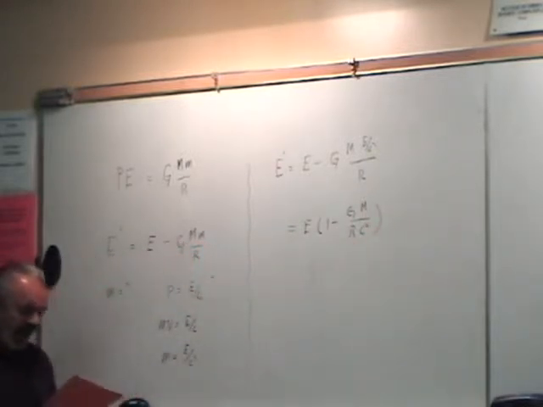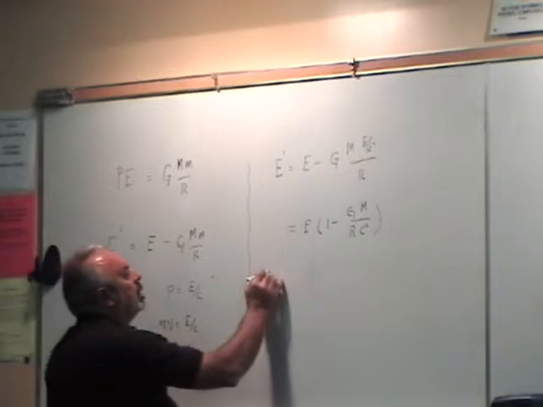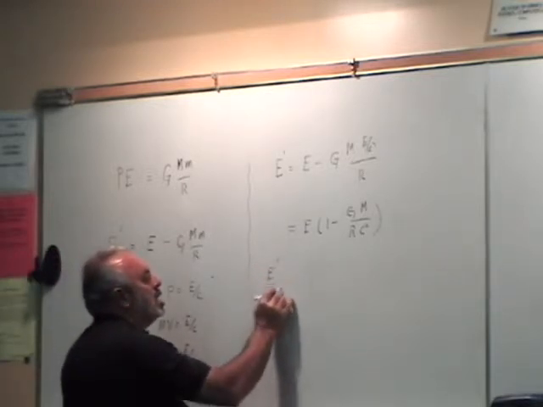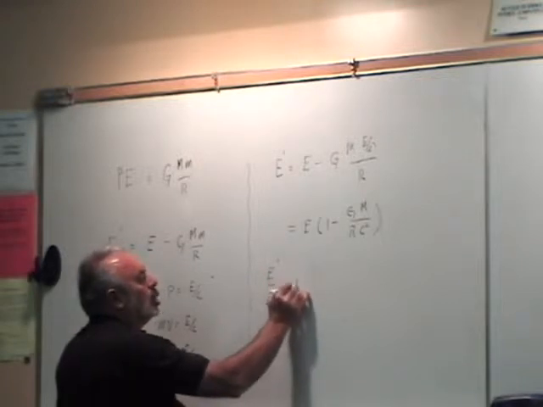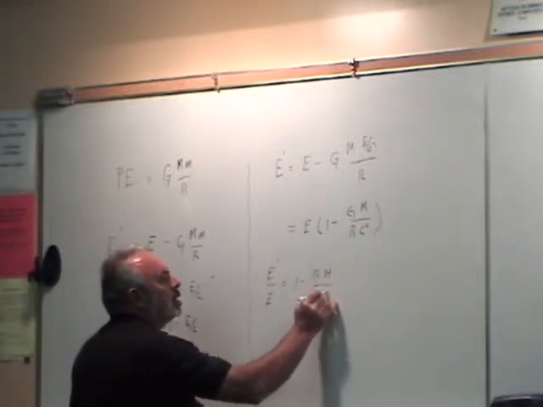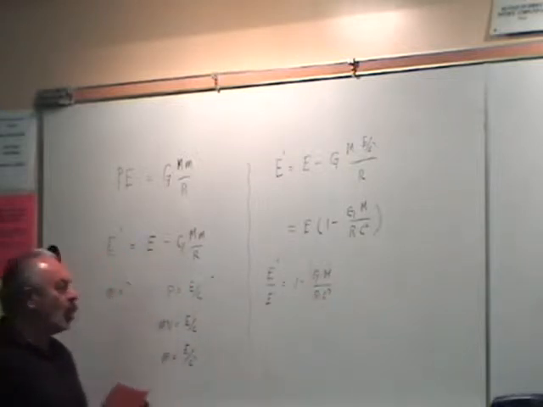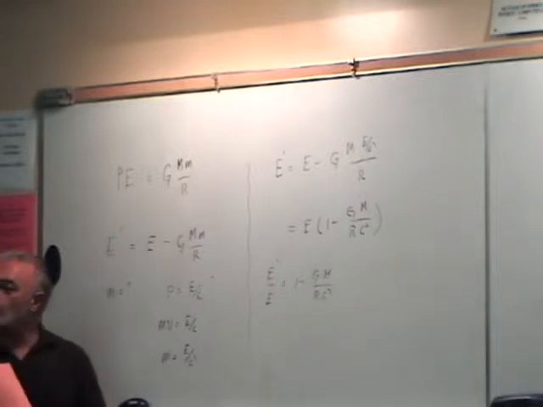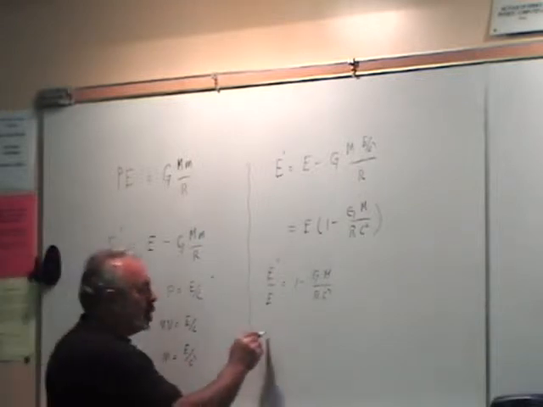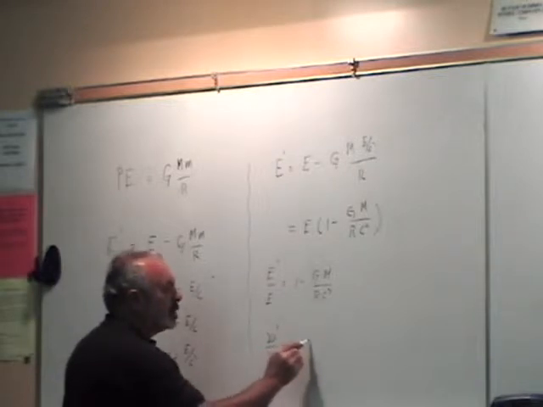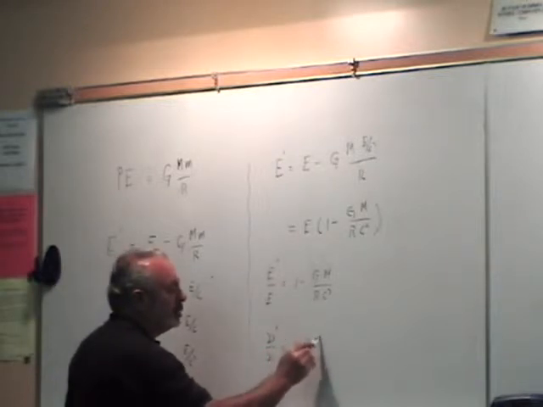And replacing that then, well, let me do this first. E prime over E is going to equal 1 minus GM over Rc squared. And of course now I can replace that with E equals h nu. So this is just going to be nu prime over nu equals 1 minus, same old thing here.